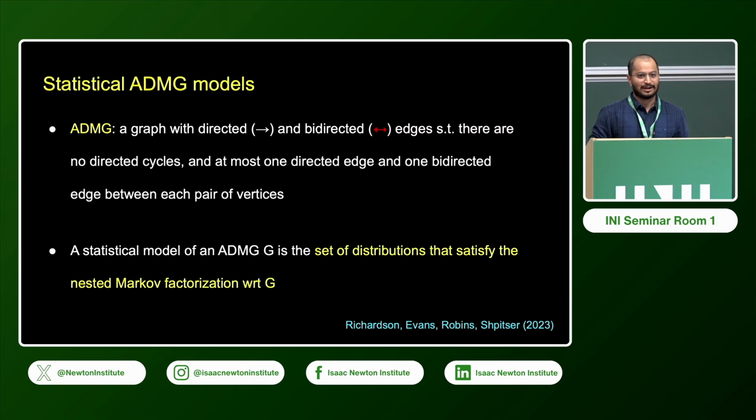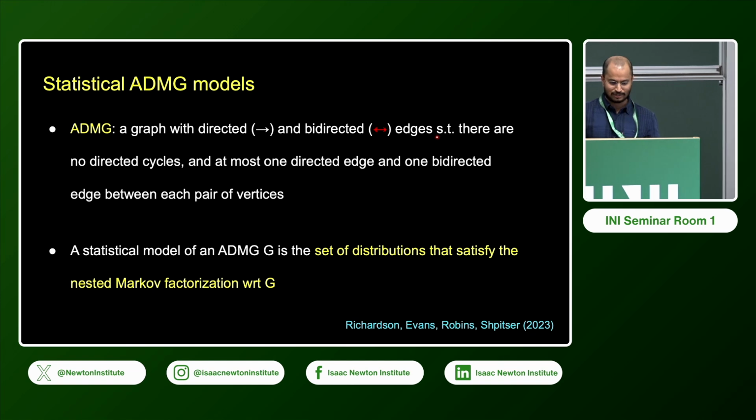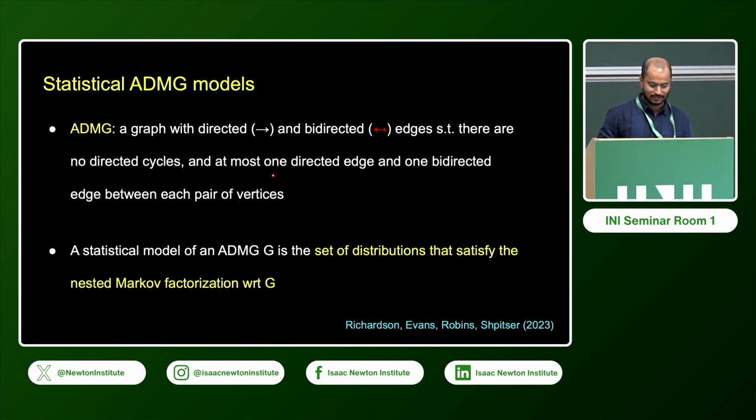Okay. Then I'll talk about statistical models of an ADMG. So an ADMG is a graph with both directed and bidirected edges, such that there are no directed cycles, and you can have at most one directed edge and one bidirected edge between each pair of vertices. So for example, this is a valid ADMG, and actually a very famous ADMG.